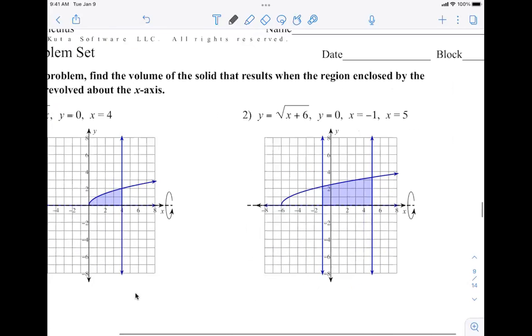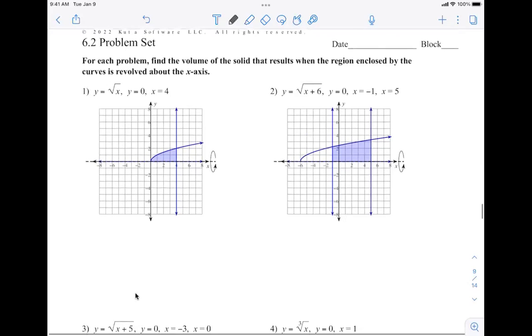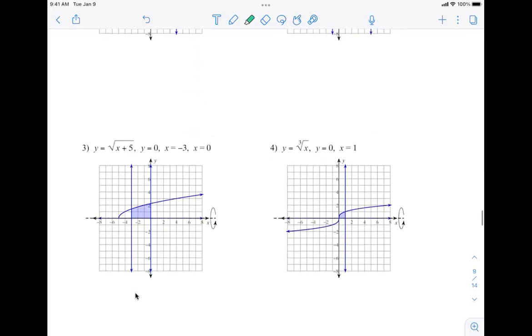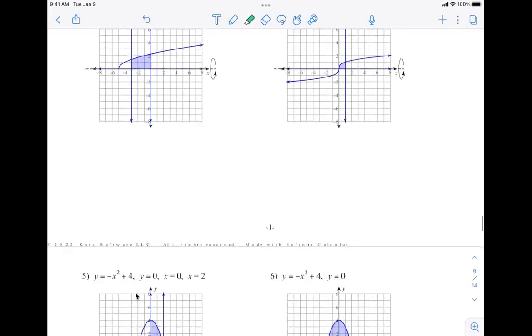Now, the problems, I've already drawn you the pictures so you don't have to worry about what they look like, which is great. And it honestly looks like you can figure out the A and the B without having to set them equal to each other, which is also very terrific. Use Math 9 for all of these.